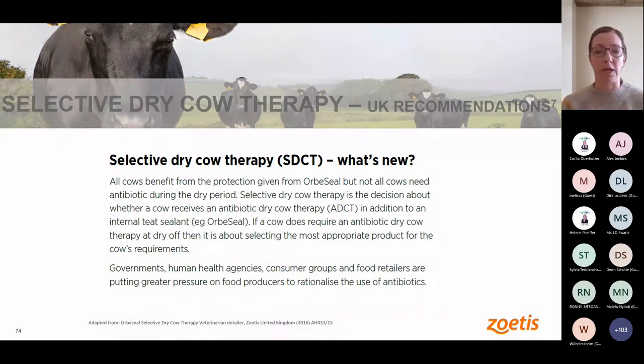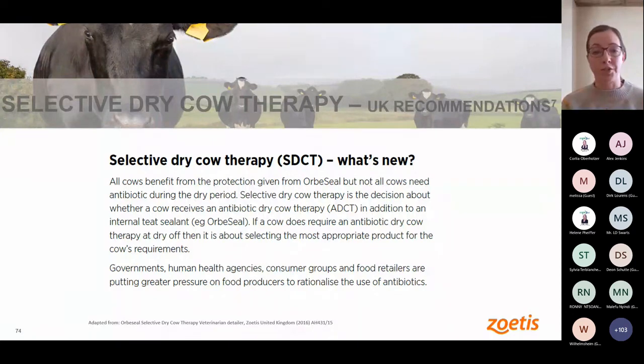You would need something like individual cow somatic cell counts, but there are also other tests and measures that you can use with relative safety to know which animals you can put an internal teat sealant only, or an internal teat sealant and an antibiotic dry cow therapy, and then whether you should use a narrow spectrum or a broad spectrum.